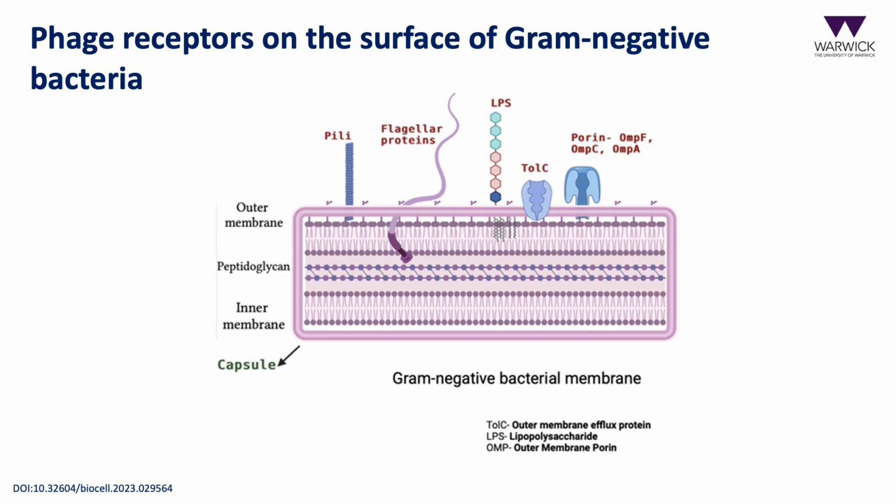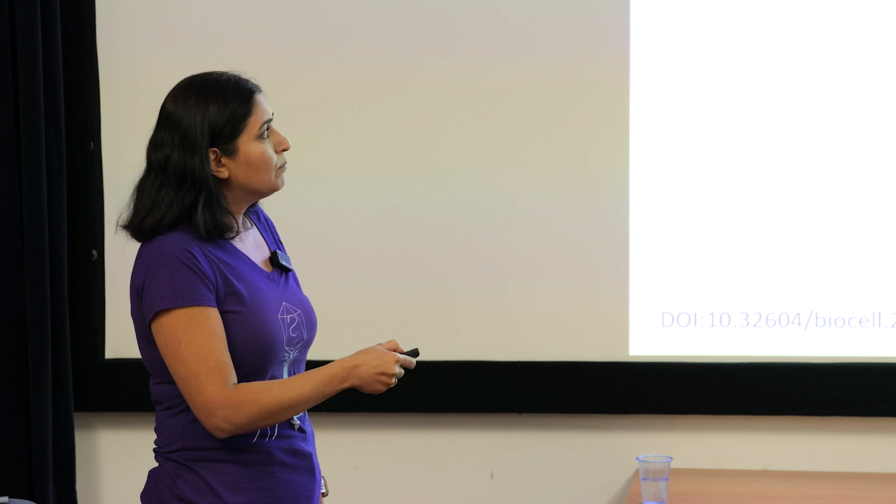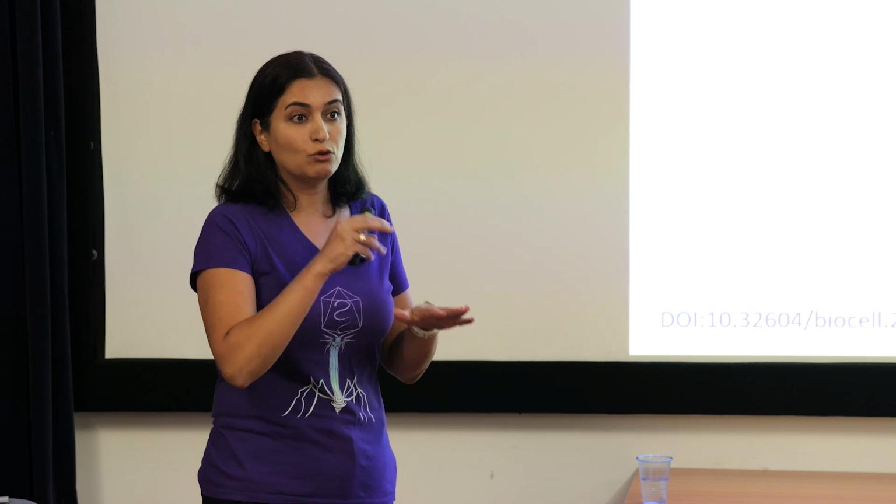We have flagella that bacteria use to move around, which helps with the motility of bacterial cells. We have lipopolysaccharide, again on the outer membrane, and it's very important for virulence and pathogenicity in bacterial cells. And we have a series of porins and so on. But bacteriophages can use these receptors on the bacterial cell surface to bind and then initiate the infection.